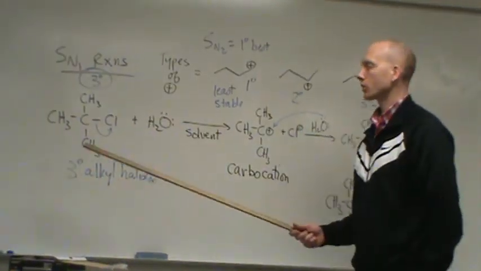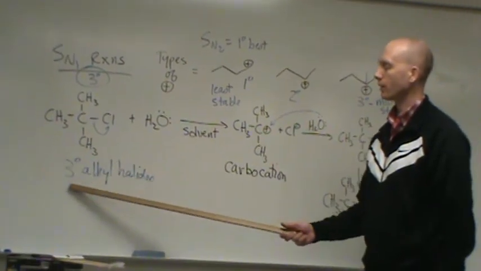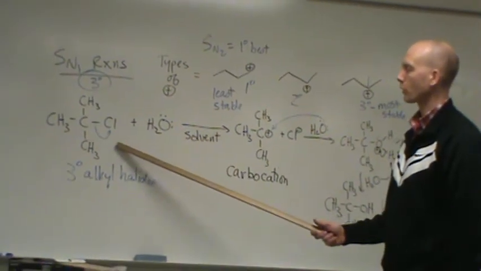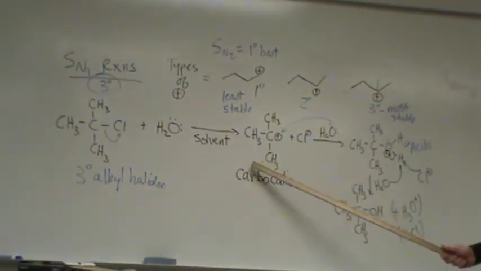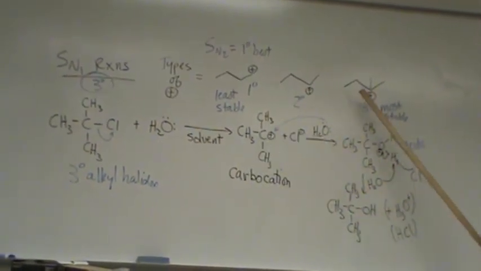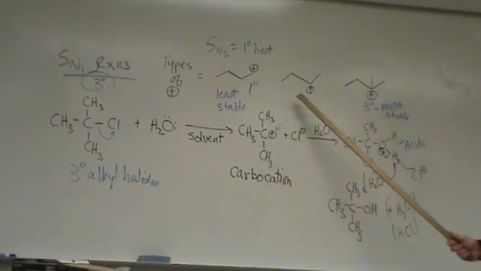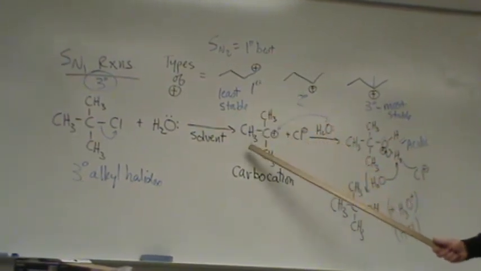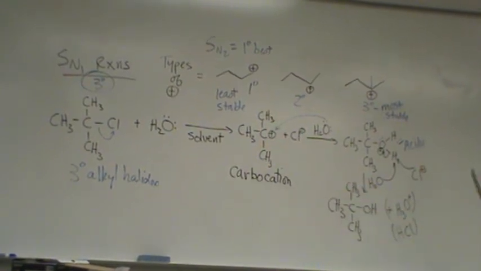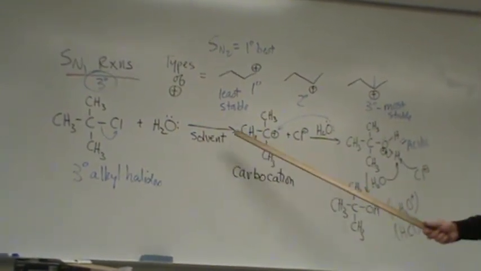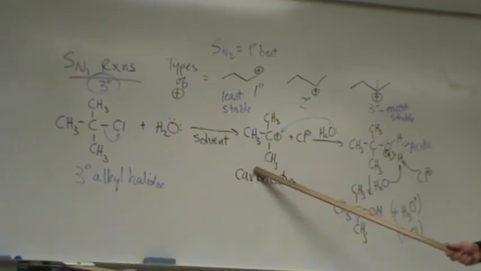So if I have a tertiary, when the leaving group leaves, I get a tertiary carbocation, so that would be the best stability. If I tried a primary or secondary, I would get a less stable carbocation, so that wouldn't work as well. See that? So that gives a more downhill reaction.